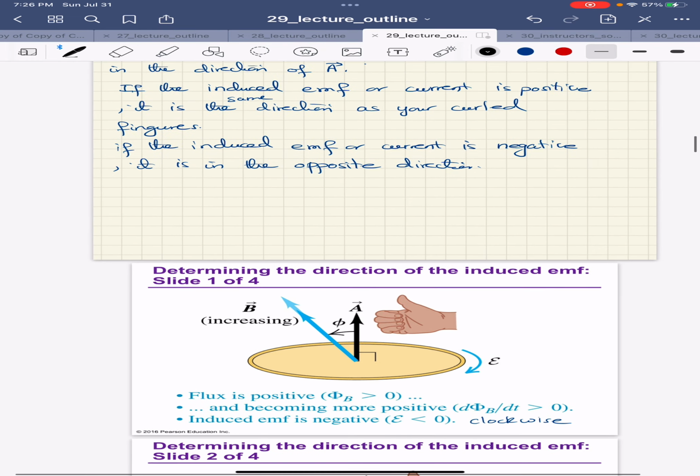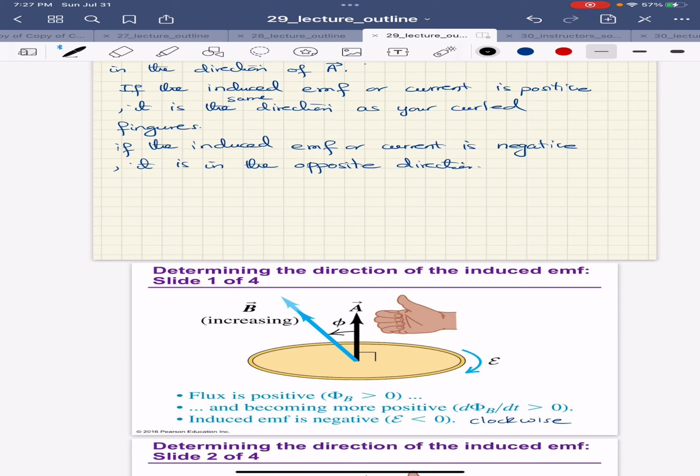Look here, we have the vector A, and it is pointing up. So my thumb is going to point in the direction of A. B here is increasing, so the flux theta B is greater than 0, and it is becoming more positive, so d theta B over delta t is greater than 0.